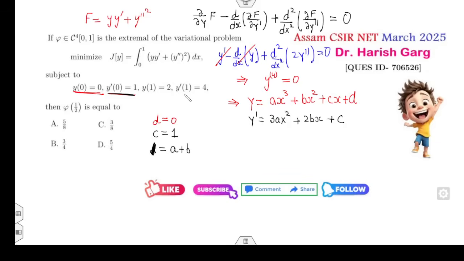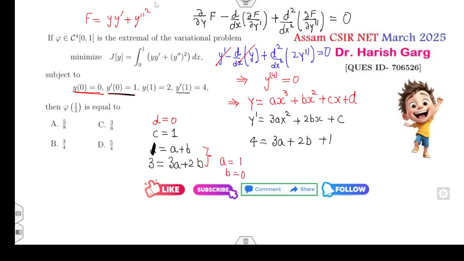Fine. d is 0. y dash of 1 is equal to 4. So that is my 3a plus 2b plus c. c is my 1. So I can say this number is 3 is equal to 3a plus 2b. So clearly, once you solve, you will get a is equal to 1, b is equal to 0.